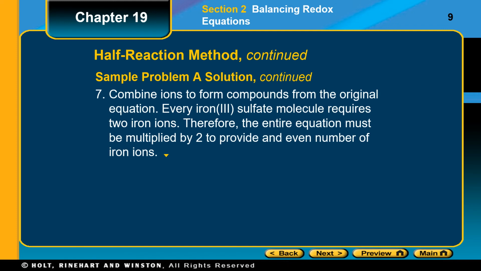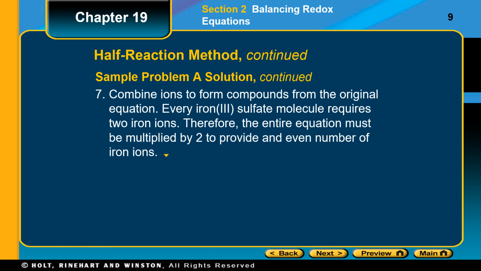So now we're going to combine the ions to form the compounds back. So now we're going to put back all the things that were in our way when we did this. Every iron 3 sulfate molecule requires 2 iron atoms, and therefore the entire equation must be multiplied by 2 to provide the even number of irons.